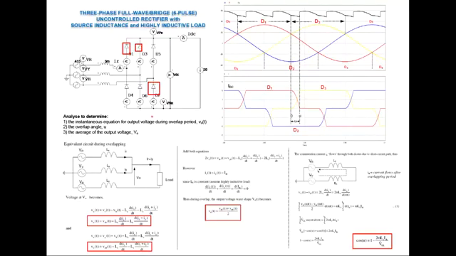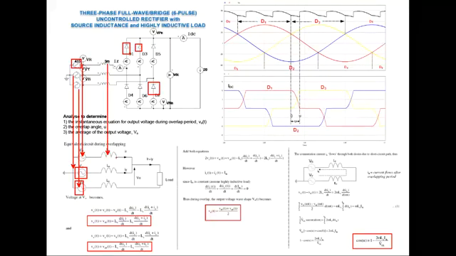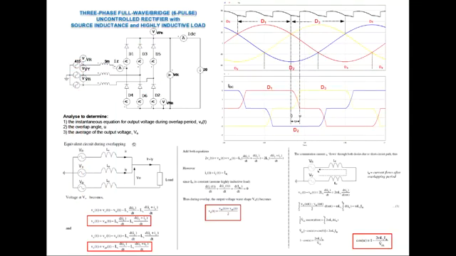Here we have VR, VY and VB, and the source inductance for the red, yellow and blue phases. The diodes appear as short circuits: D1 with current IR flowing through it, D3 with current IY flowing through it, and D2 also a short circuit.